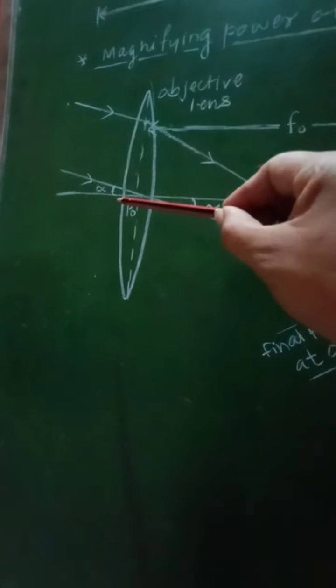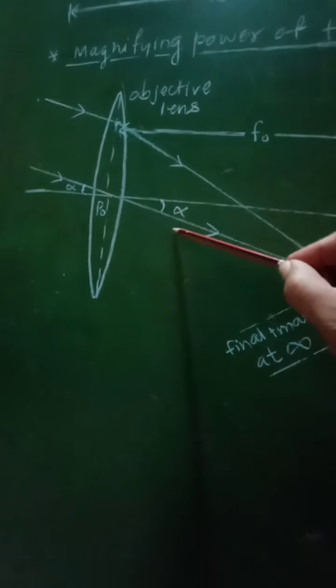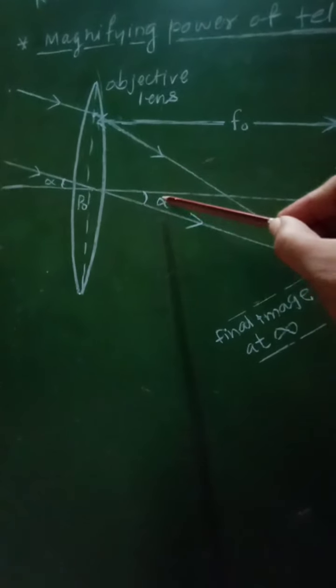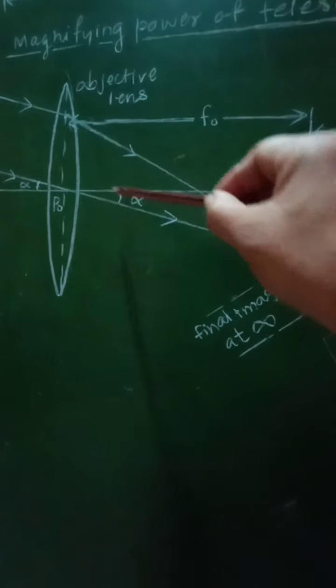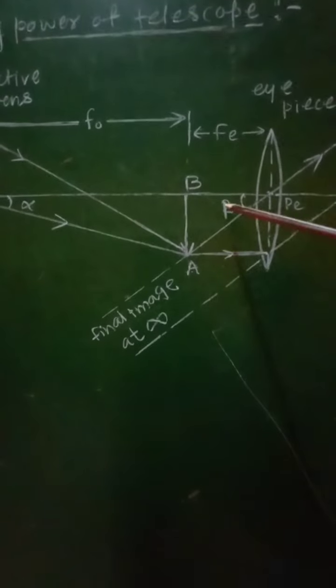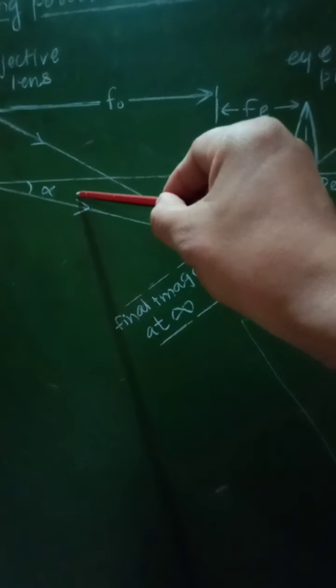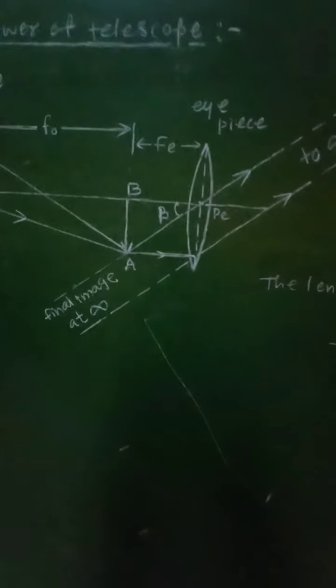So this is the angle made by the incident ray with the principal axis, this is alpha, and this opposite angle is again alpha. It is made by the object. Now the second angle beta is made by the emergent ray with the principal axis, so the angle made by the final image will be equal to beta. This beta will be greater than alpha. So alpha is the angle made by the object and beta is the angle made by the image.